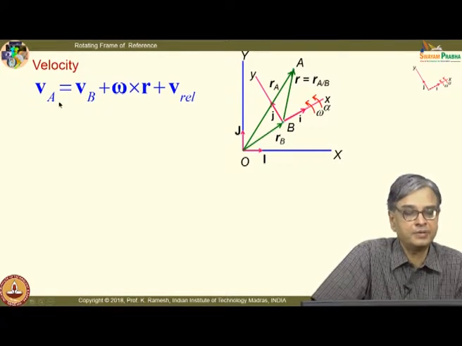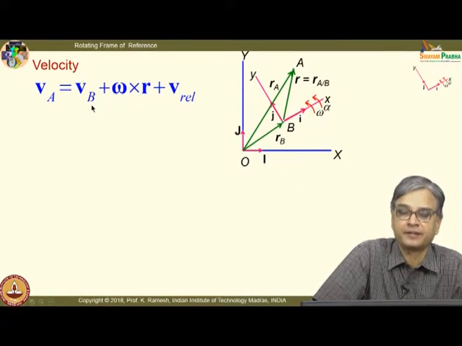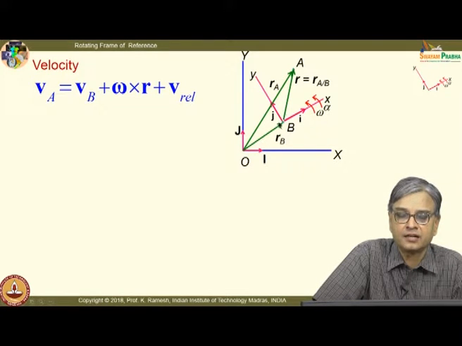The symbols A and B have specific meaning. B is the origin of the rotating frame of reference, that is the way we have labeled it, and A is the point of interest. If I have different points in the problem, you should be able to rewrite this expression appropriately.